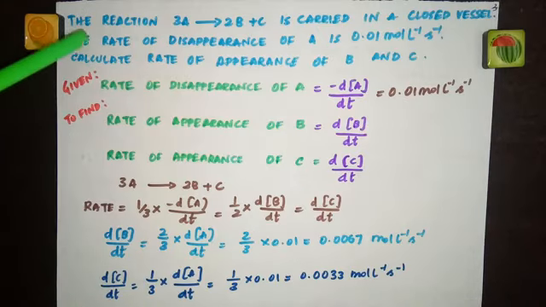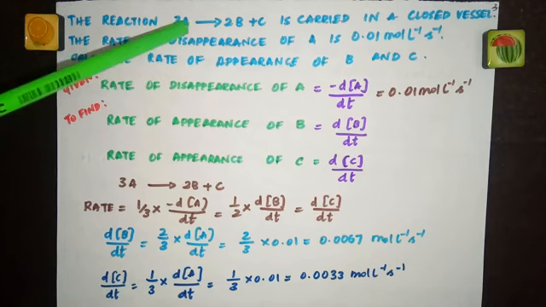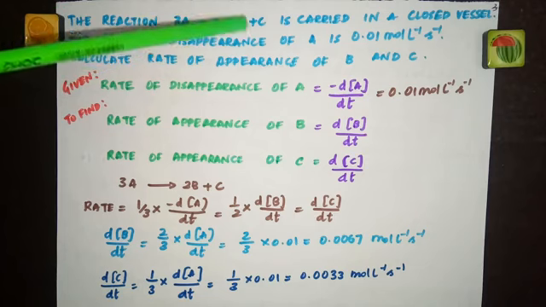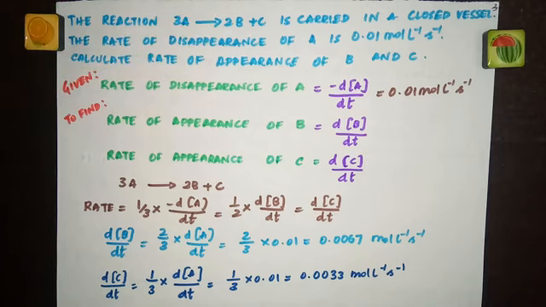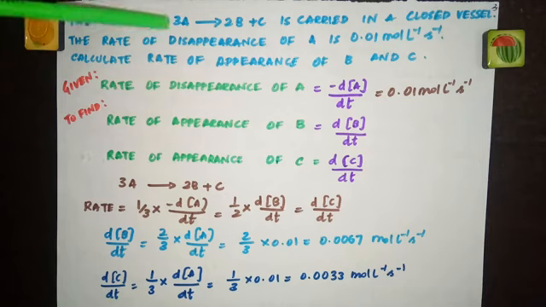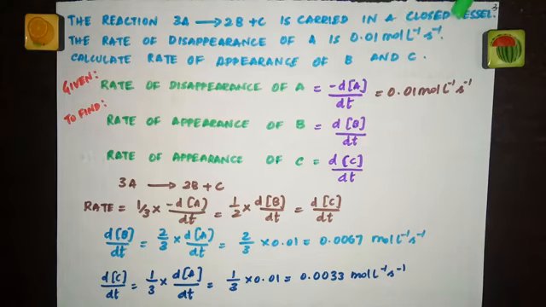Read the question. The reaction 3A giving 2B plus C is carried in a closed vessel. The rate of disappearance of A is 0.01 mole liter inverse second inverse. Calculate the rate of appearance of B and C. So they've given you a reaction, 3A giving you 2B plus C. And they've given you the rate of disappearance of A, which equals 0.01 mole liter inverse second inverse.